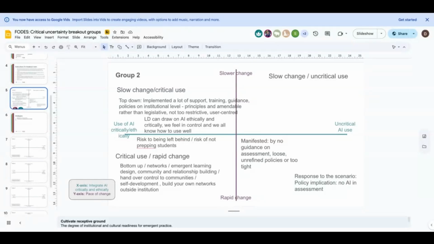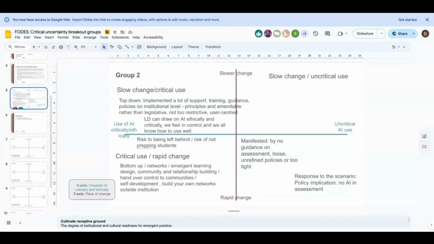I really like this future scenario thing because it makes us think about what we want, going back to this idea that emergent learning design is not just about what will be, but also, if we see these scenarios, which is the scenario we really want and how do we get there? What do we need to do? What is the next step for us on an individual level and as a collective to get us there?